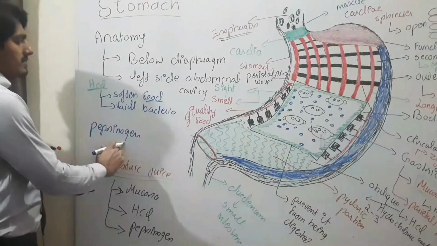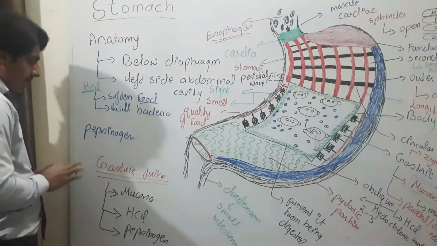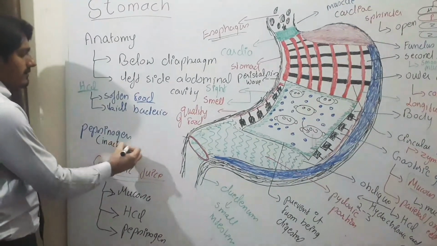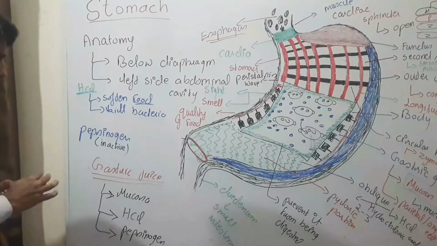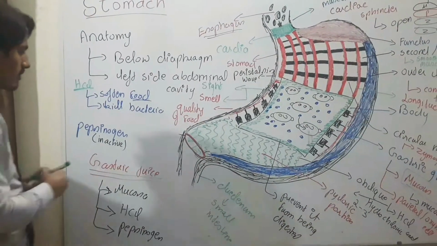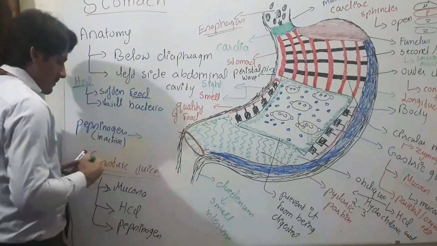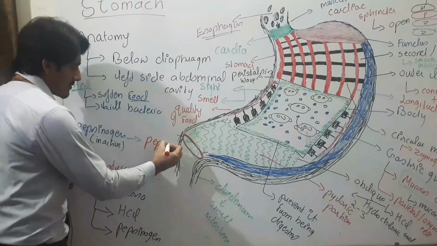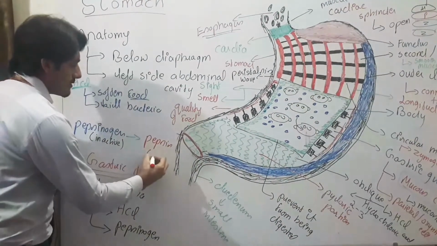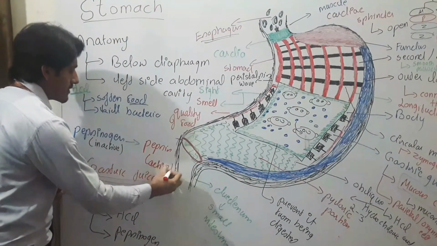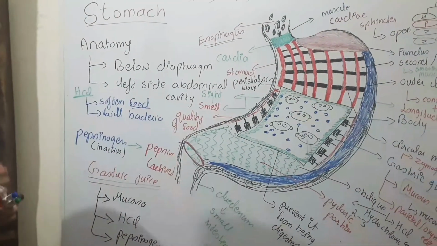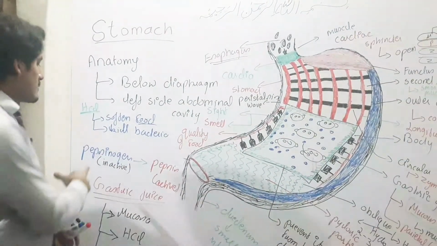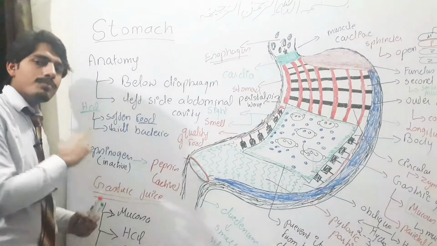It is converted into its active form, which is called pepsin. This one is pepsin, the active form of pepsinogen. And the question is, why is pepsin secreted in its inactive form, pepsinogen?